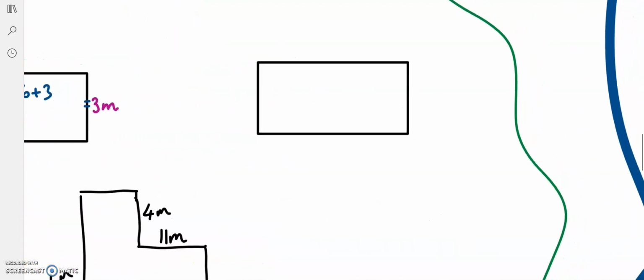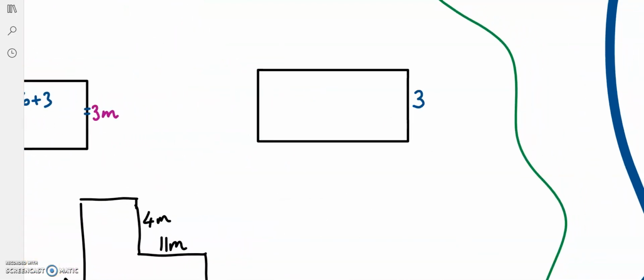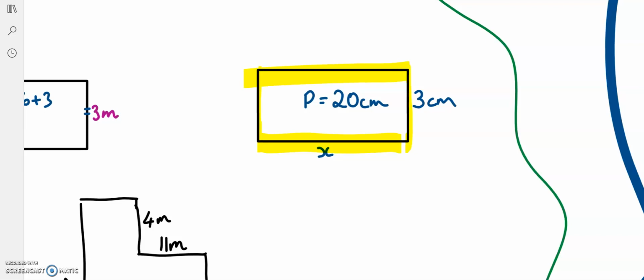How about if we have something like this, and let's just say that this part here is 3 centimeters. If I told you the perimeter was 20 centimeters, how could we figure out this value of x here? Remember, the perimeter is this, plus this, plus this, plus this. If we know that this here is 3, we know that the one across from it is also 3.